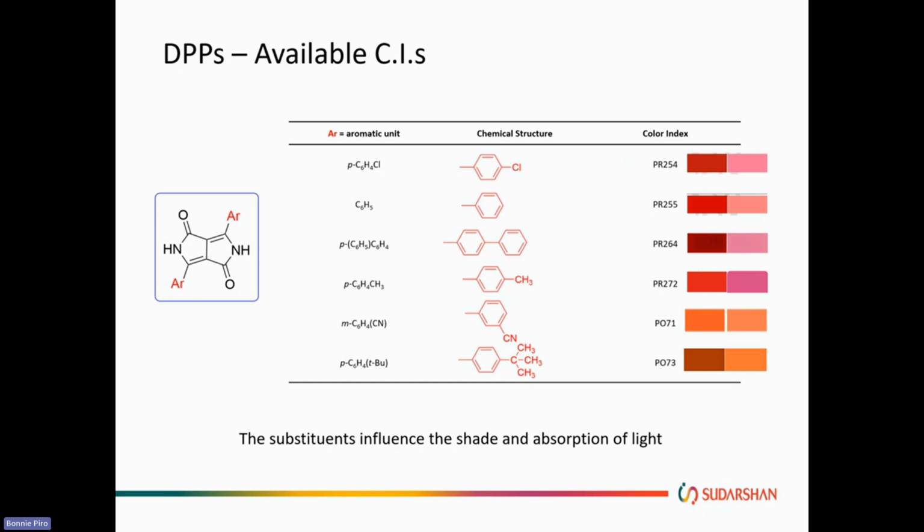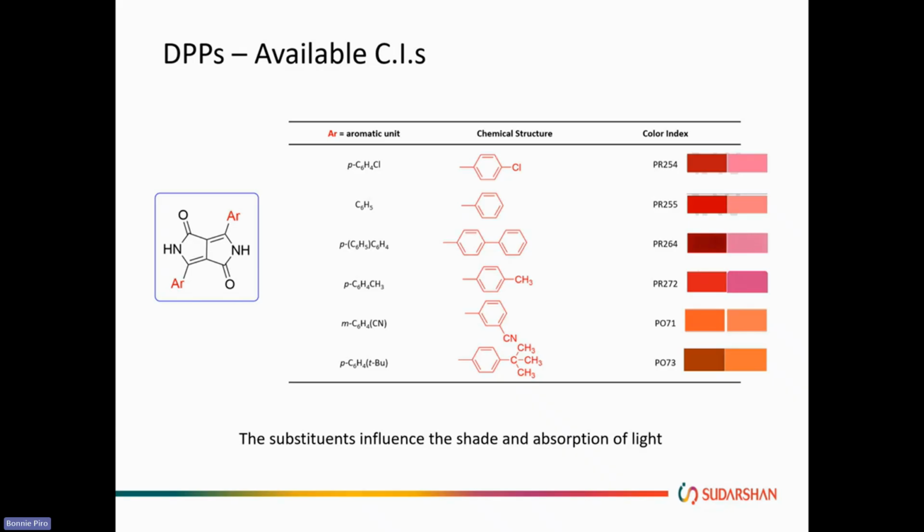So if you start at the top, that aromatic unit with the chlorine on it is the red 254 that gives that medium mid-shade red color.